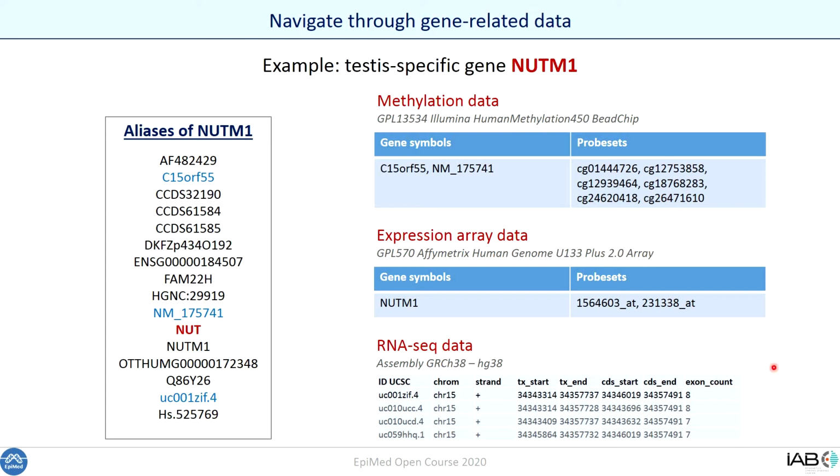Here to the right you can also see the relationship between this gene and the probe set on the methylation array, and for example the expression array for transcriptomic data. We have the probe set, and we need to make links between the probe set and the corresponding genes.